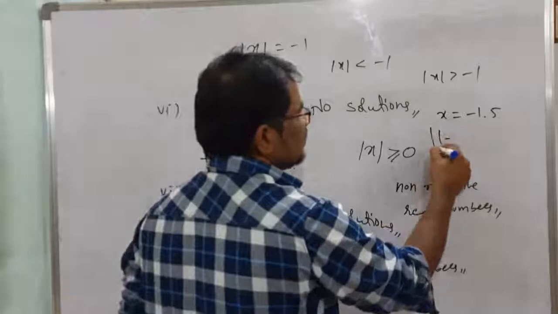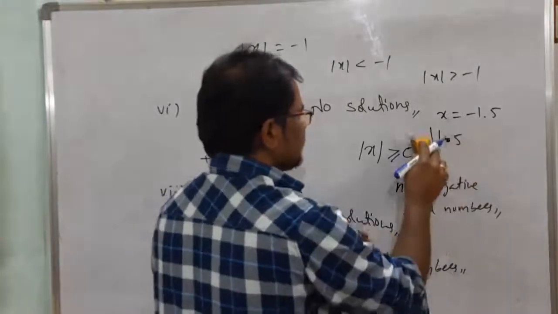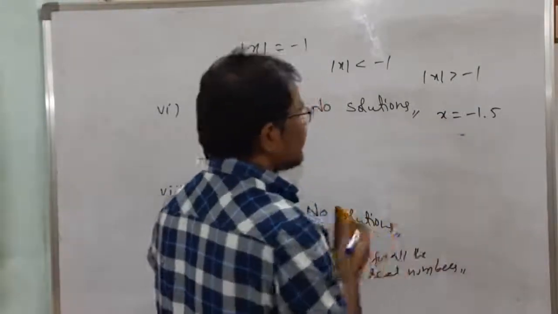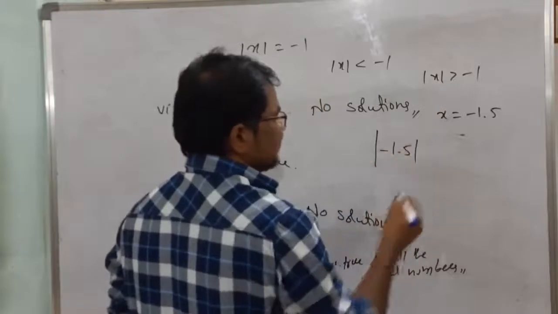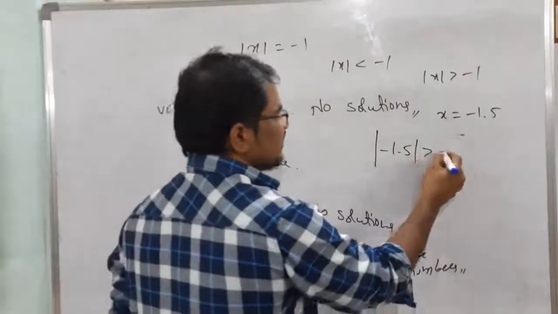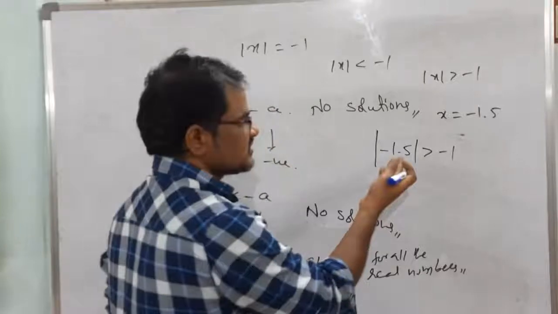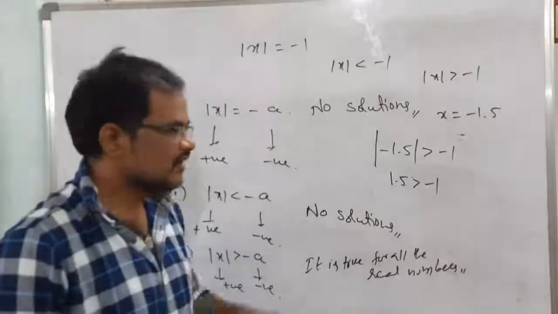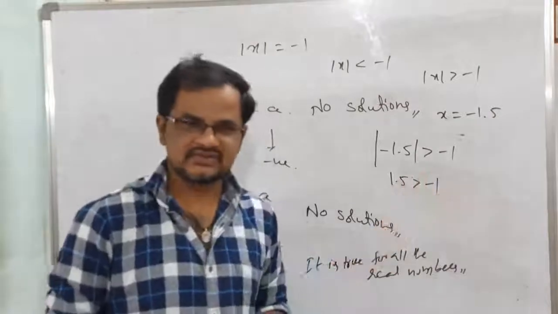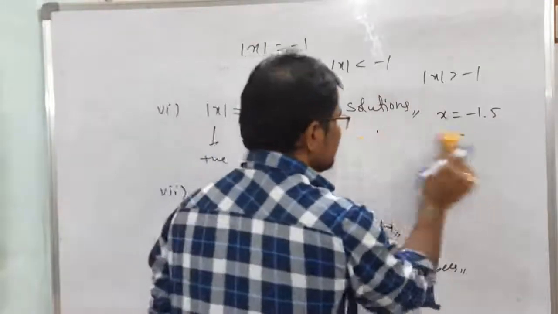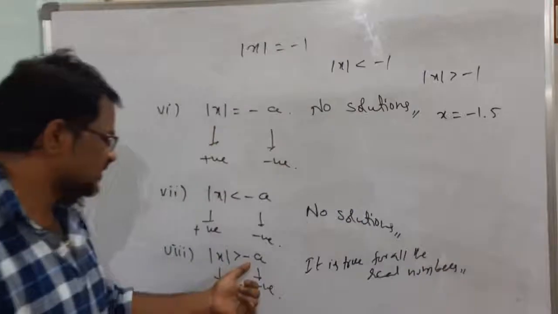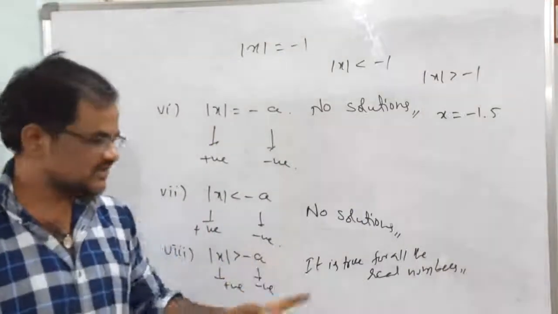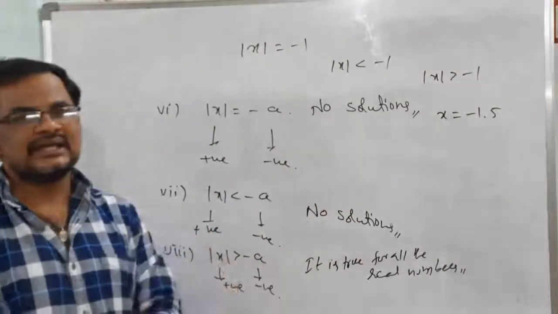Modulus of minus 1.5, it is greater than minus 1 or not, we have to check. Modulus of minus 1.5 is nothing but 1.5, because modulus is positive. 1.5 is greater than minus 1. So whichever real number you take for x, definitely that is greater than a negative value. So that's why it exists for all the real numbers.